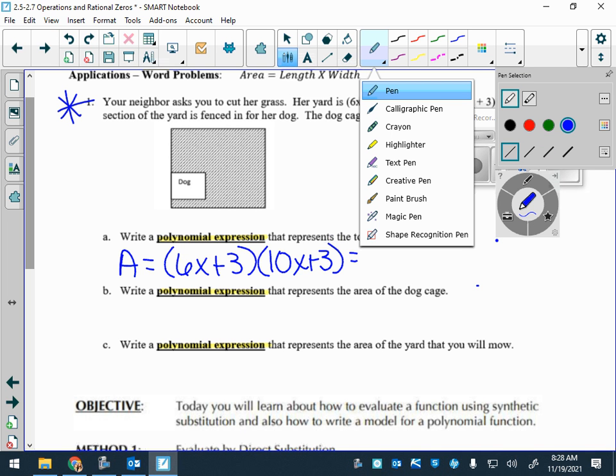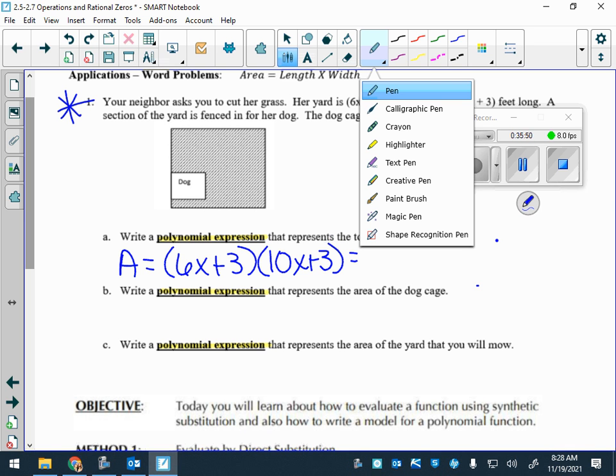Okay, so what would my polynomial expression be in terms of x? Hannah? Perfect. 60x squared plus 48x plus 9.